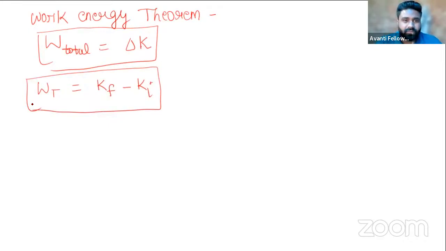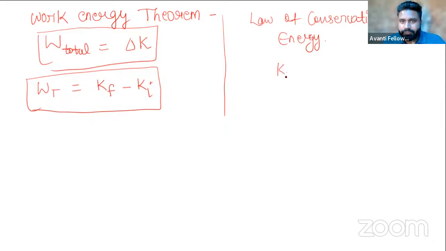Now, in this work energy theorem, if you have any idea about the law of conservation of energy, which is nothing but K initial plus U initial is equal to K final plus U final.